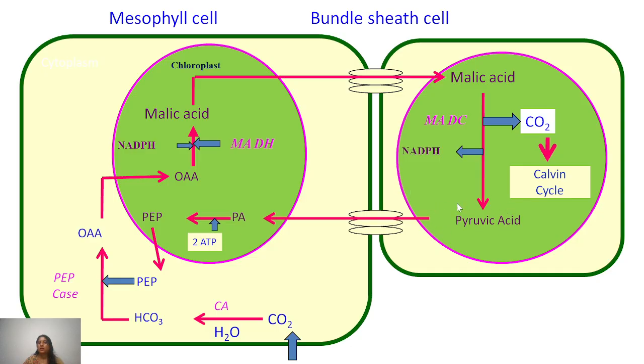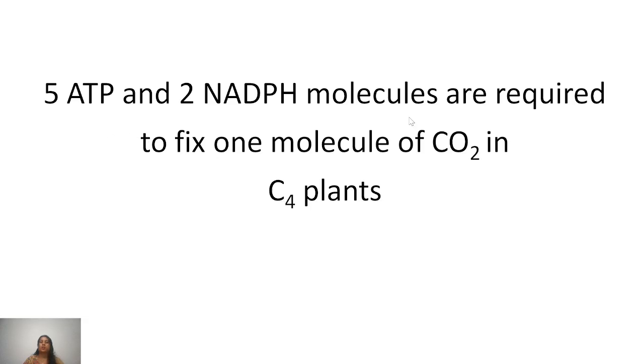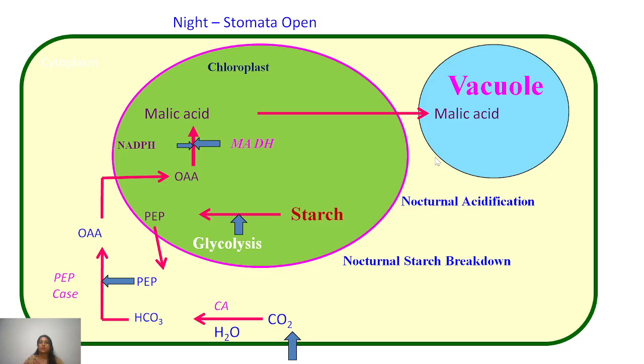After the pyruvic acid is produced from the malic acid, it comes back to the chloroplast. This pyruvic acid is regenerated into PEP. For this regeneration, we need extra ATP. So regeneration of PEP needs ATP, and regeneration of Rubisco also needs ATP. That's why ATP consumption is higher in carbon dioxide fixation in the C4 plant.